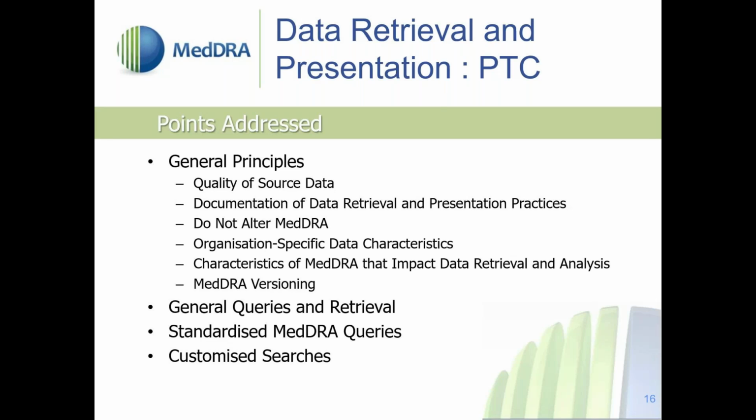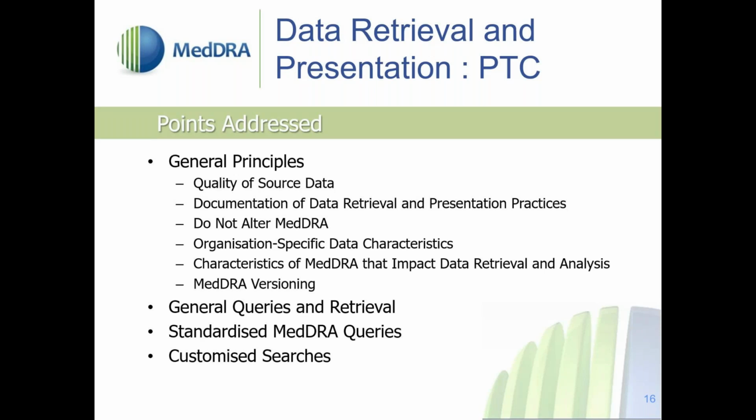In terms of characteristics of MedDRA that impact data retrieval and analysis, think about, for example, the MedDRA hierarchy, grouping terms in MedDRA, like we said, the high-level term, HLT, and the high-level group term, HLGT. Also think about the concept of multiaxiality in MedDRA, that the same preferred term may be linked to more than one system organ class.